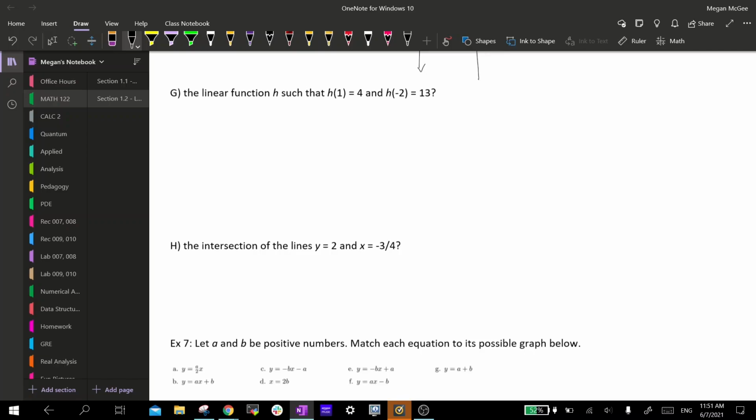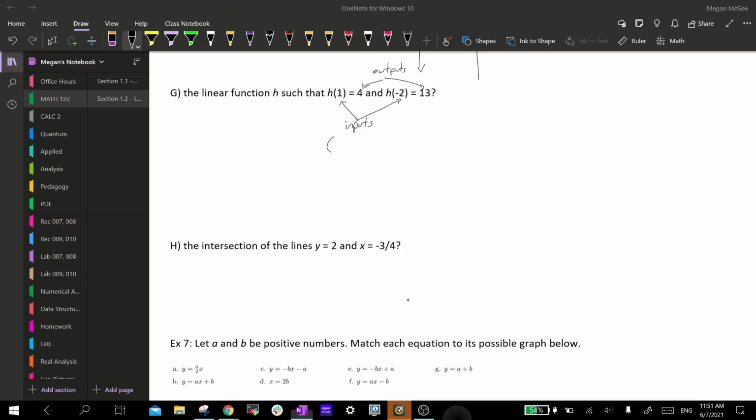So if we're looking here at what we are given, well, we have some inputs: 1, negative 2. And we have 4 and 13, these are some outputs. So we can group these together.